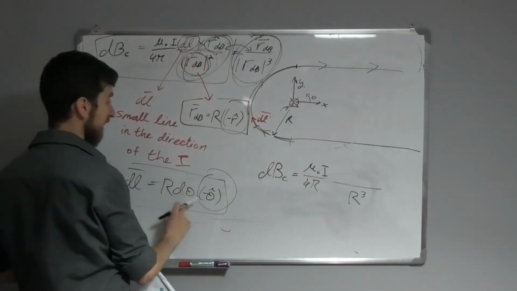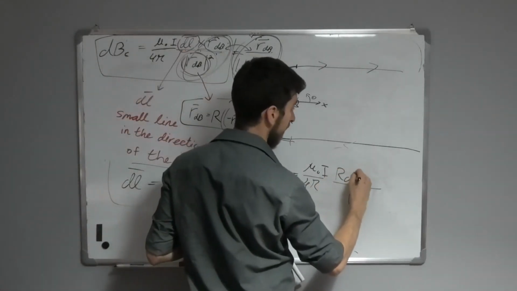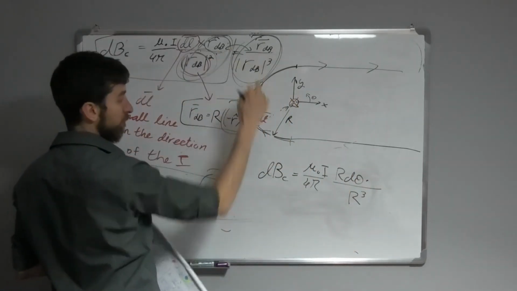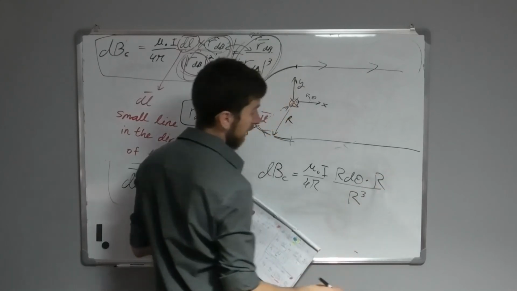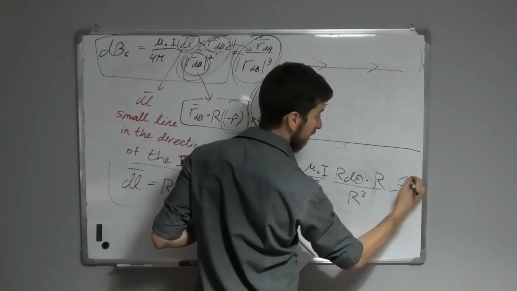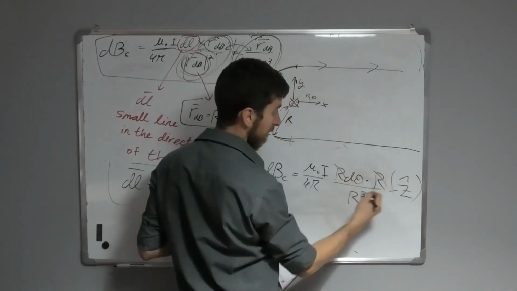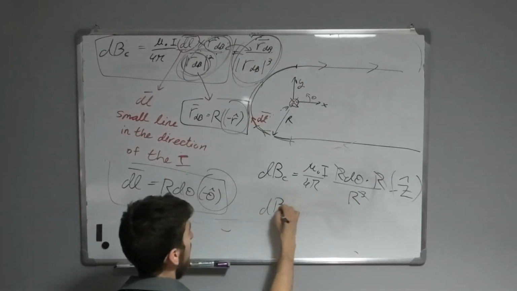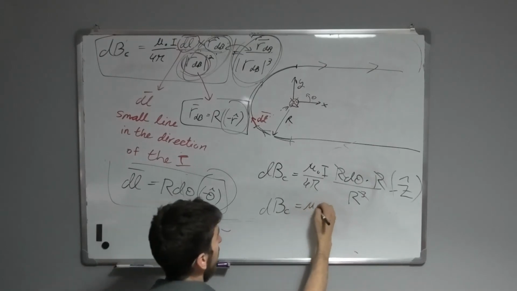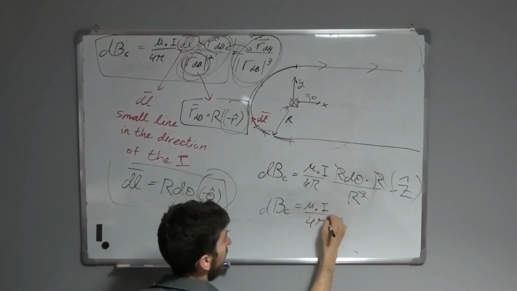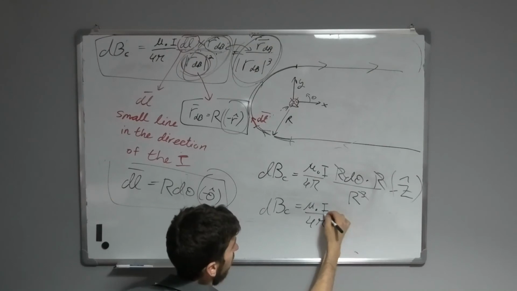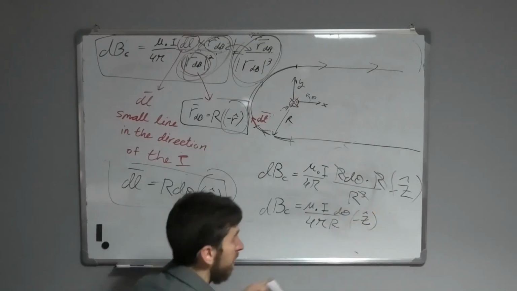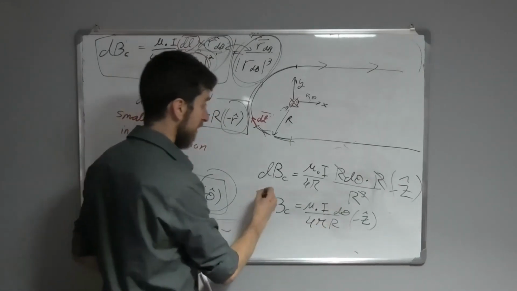Right now I have dl, which is r d theta, and if I choose this configuration I must put r here, and I know that this is going to be in the minus z direction, so r cancels with this one, and in general I have that dB is equal to mu 0 I over 4 pi r d theta in the minus z direction. So this is the result that I have.